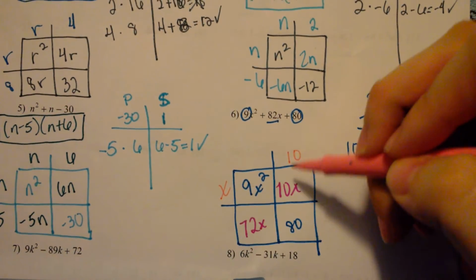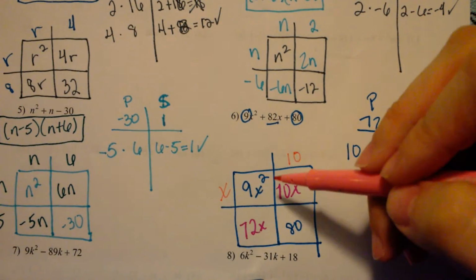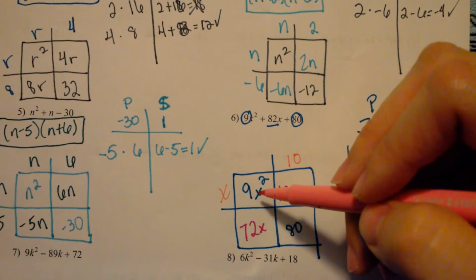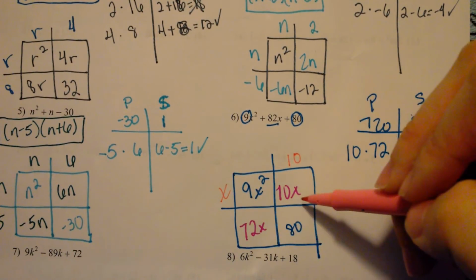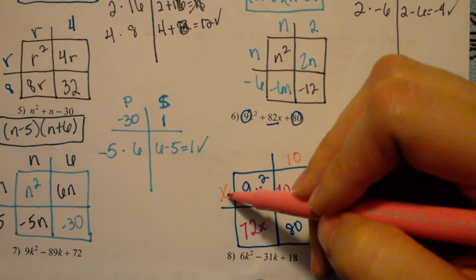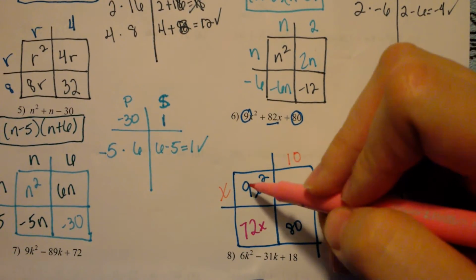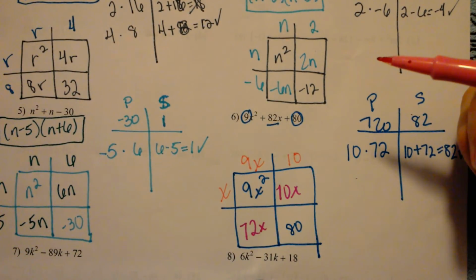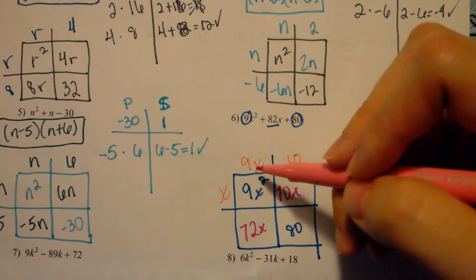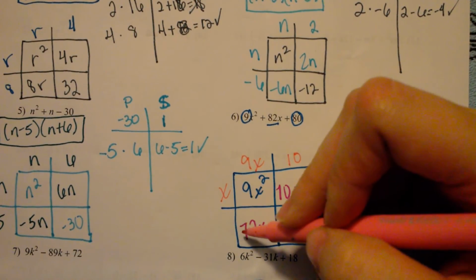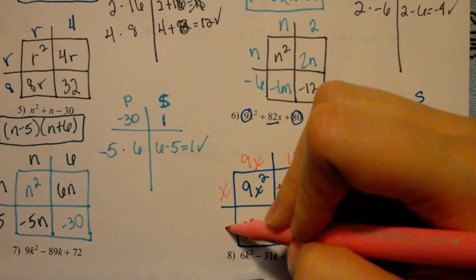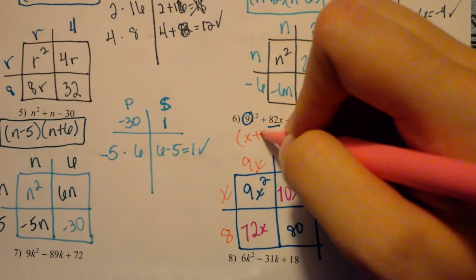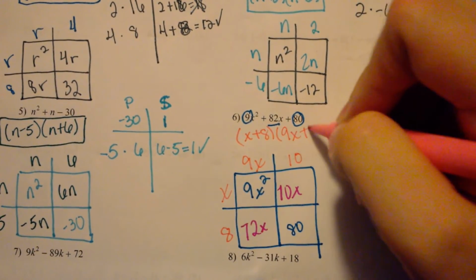So when I factor things out, I should get exactly what I put in when I multiply the outsides. So x times 9x squared, or x times what gives you 9x squared? That's 9x. 72 is divisible by 9. It gives you 8. So 72 and 80 have an 8 in common. So my answer is x plus 8, 9x plus 10.